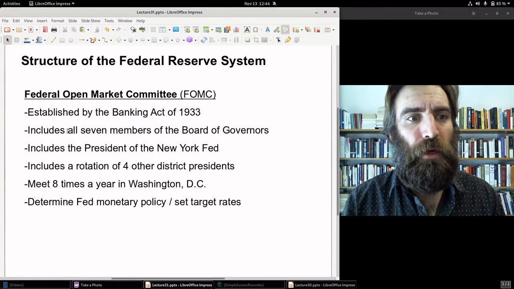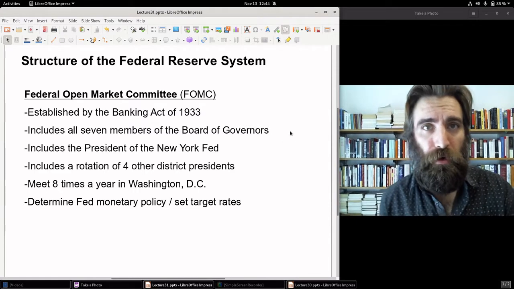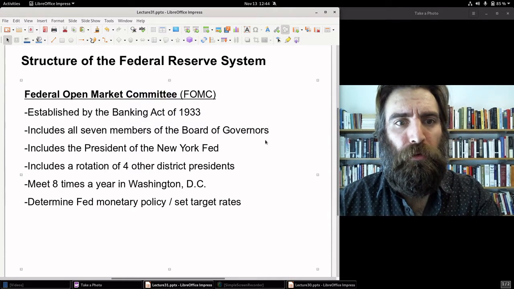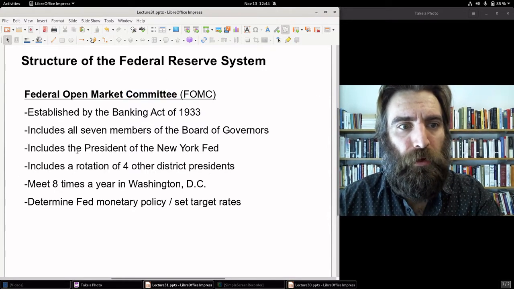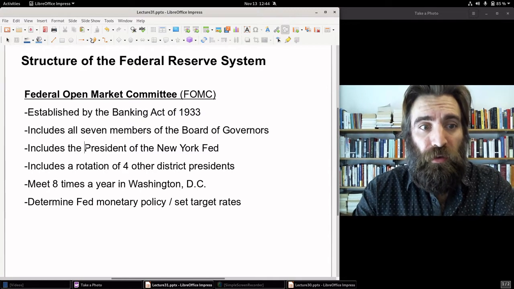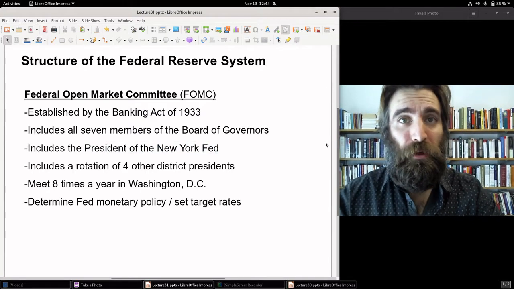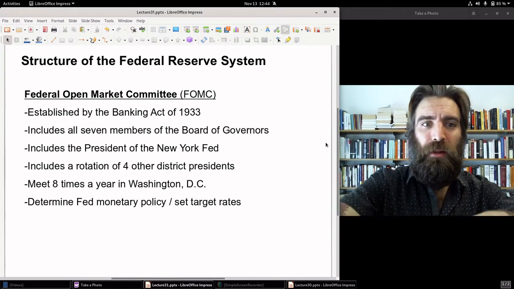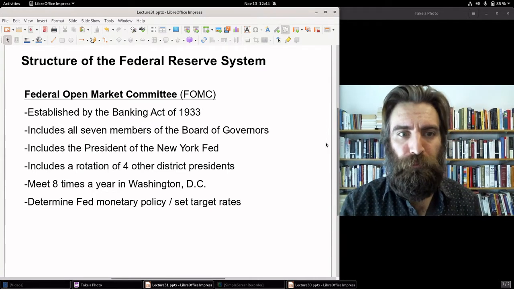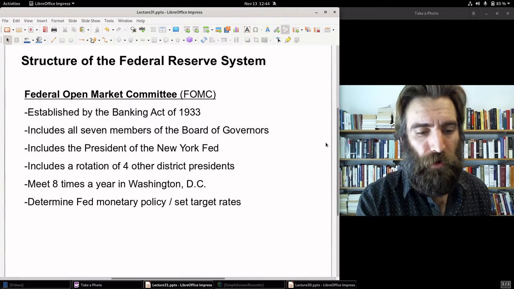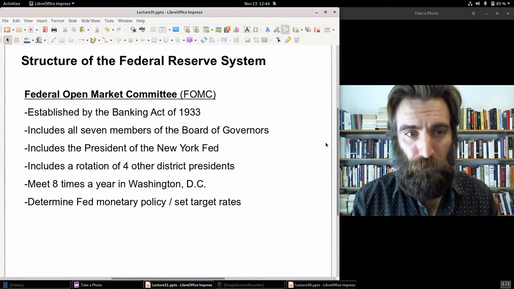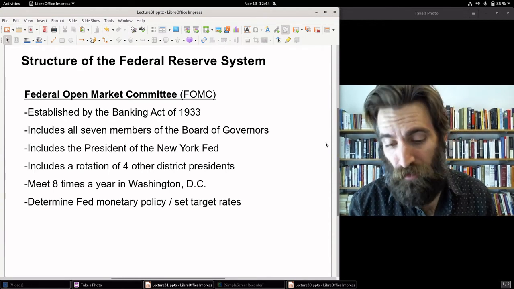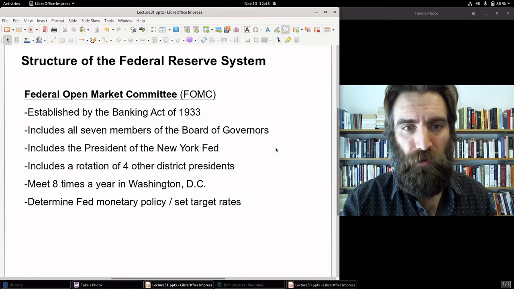Then in 1935, the composition was changed to its current structure. The FOMC includes all 7 members of the Board of Governors. Remember, it's a committee. It includes the president of the New York Fed, who always sits on the FOMC. And then the remaining 4 members are a rotation of the other 11 district presidents, since the New York Fed always sits on the FOMC.